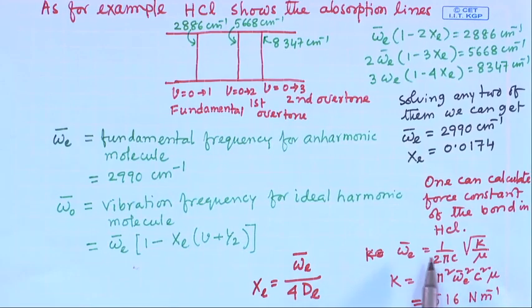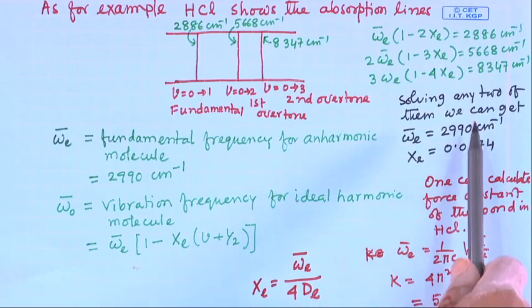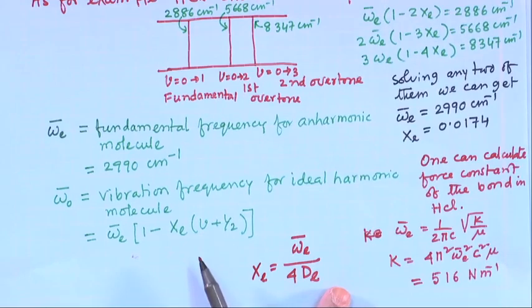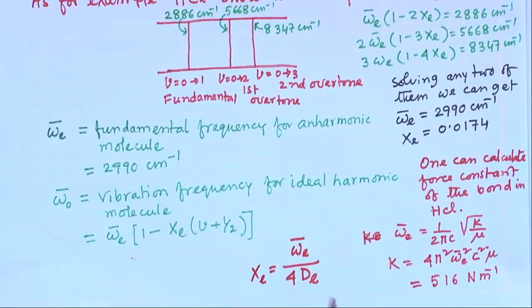So, one can calculate the dissociation energy of the molecule, meaning the energy required to decouple the molecule into its atomic state. That is d E. So, one can calculate the d E value.